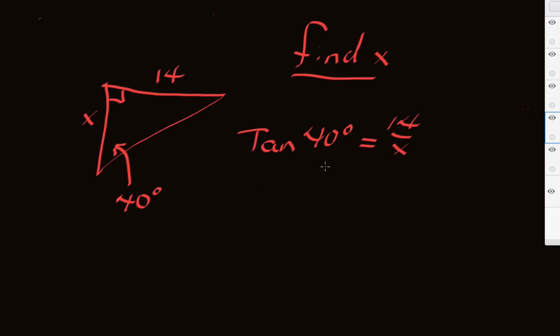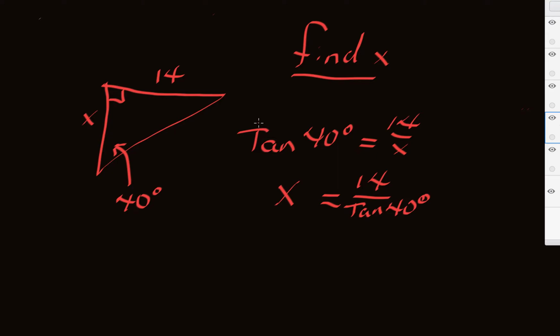Okay, well, if we did some quick algebra, multiplied both sides by x and then divided by the tangent of 40, we would end up with x equals 14 divided by the tangent of 40 degrees. And then you could just type that into your calculator.